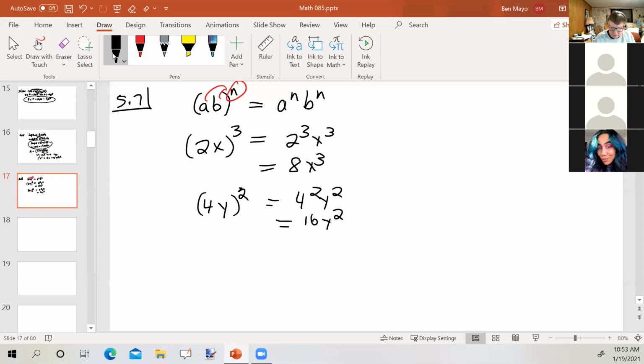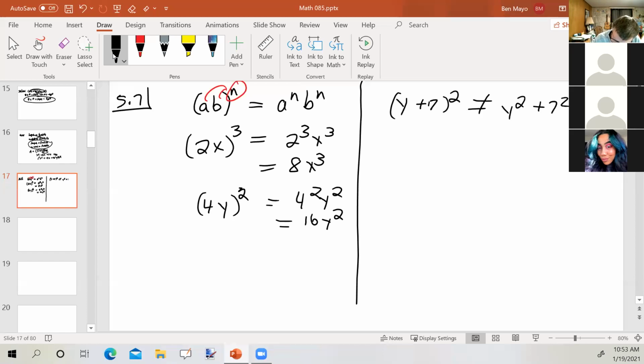What we're going to be looking at today is where we have a sum or a difference raised to a power. Let's say we've got y plus 7, the quantity squared. This is not equal to y squared plus 7 squared. That is the common mistake. It doesn't work because we're adding or subtracting.